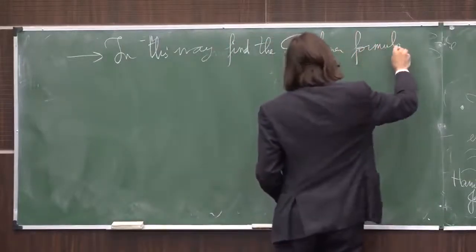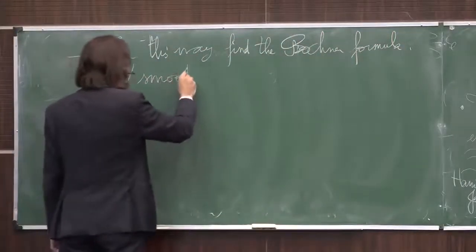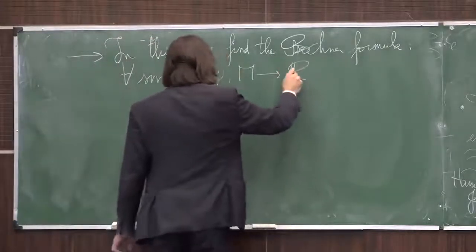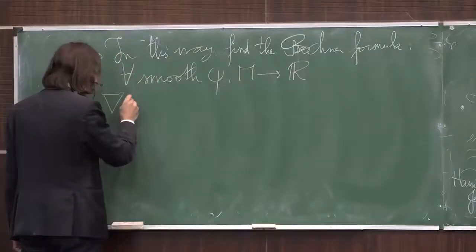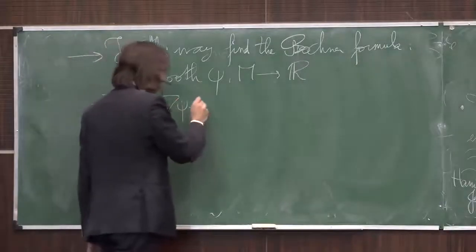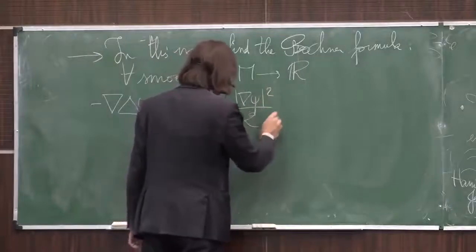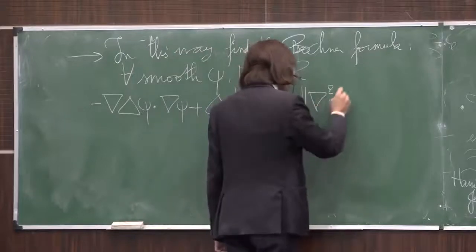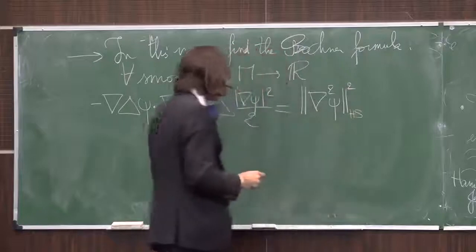So it says for any smooth function psi from M to R, minus Laplace minus grad Laplace psi dot grad psi plus Laplace grad psi square over 2 is equal to the square of the norm of the Hessian of psi, Hilbert-Schmidt norm if you want.